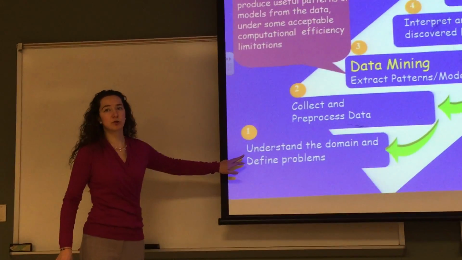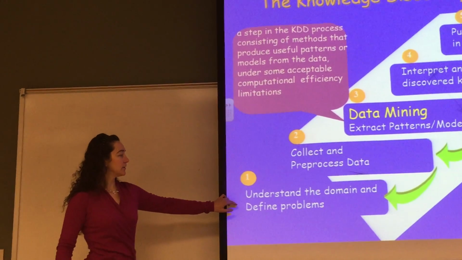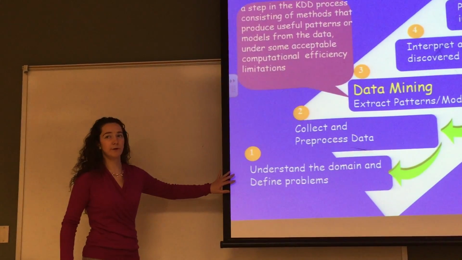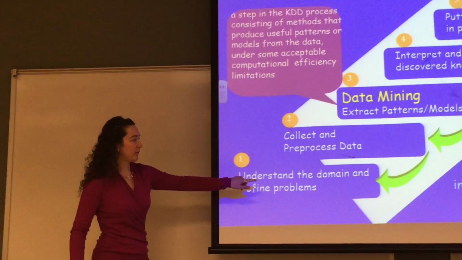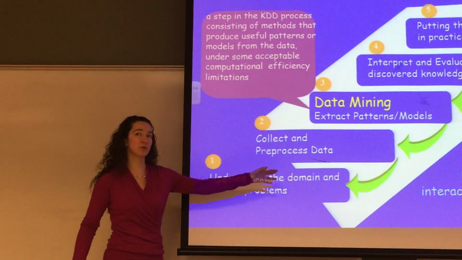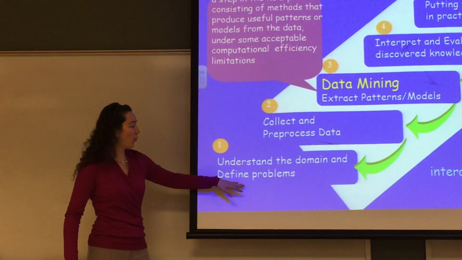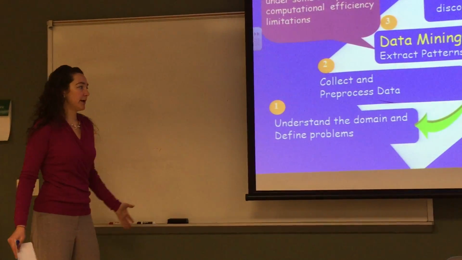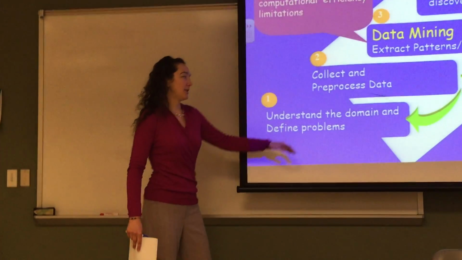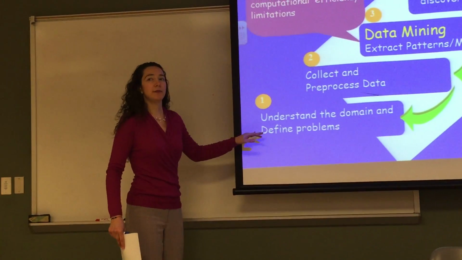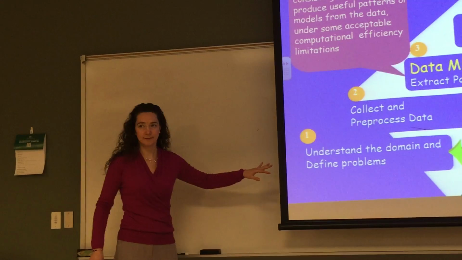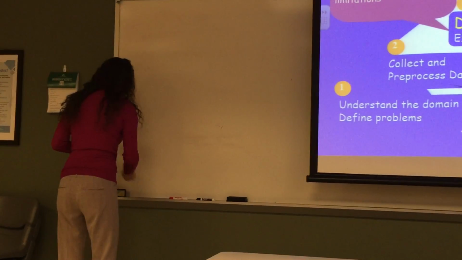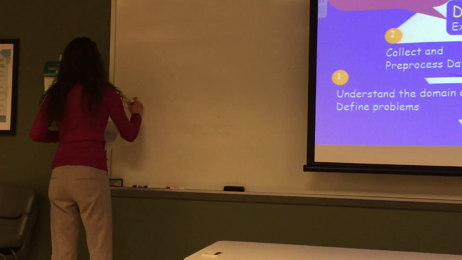Whether this is a medical institution, a financial bank, a movie recommendation system, or a music recommendation system, or whatever in the world we're trying to do, we need to define what is the domain or the field that the data is in, and what kind of problems we're trying to solve for these guys. So we are the data mining experts. We need to know in what domain the data is and what this organization wants to achieve with this data, so that we know how to help them. So first thing, understand the domain, define the problems.